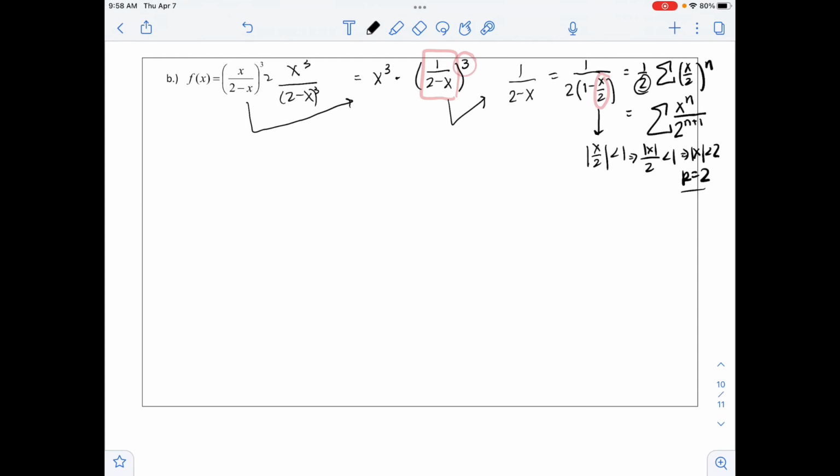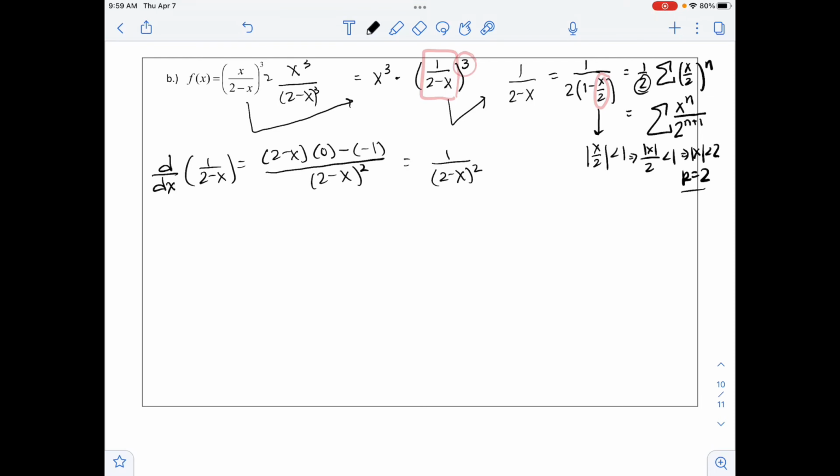First, the derivative of 1 over 2 minus x is going to be 2 minus x times 0 minus -1, over 2 minus x squared, which equals 1 over 2 minus x squared, which is almost what we want. We want it raised to the third power, so we're close.